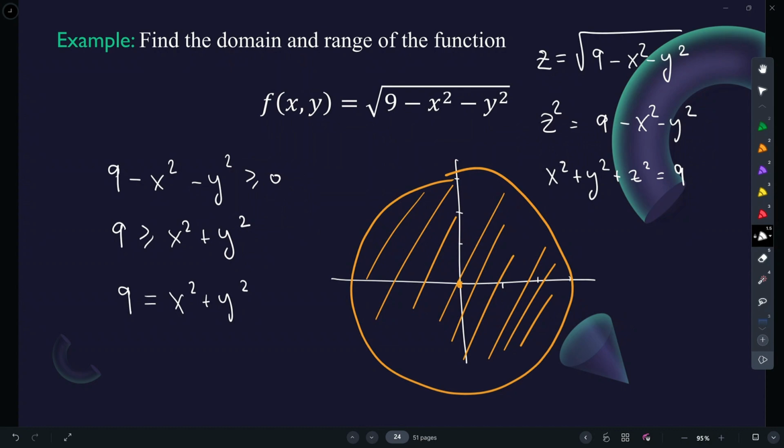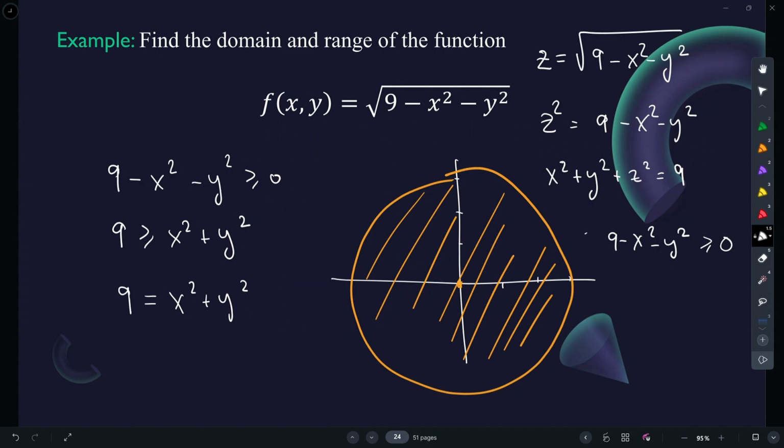So the farthest away we can be from the origin in the z direction is 3. Otherwise, I can look at the inside of that function, 9 minus x squared minus y squared, and see that I need this to be positive or 0. And because x squared and y squared are positive numbers, whenever I plug in some numbers I'm going to get things that are less than 9.